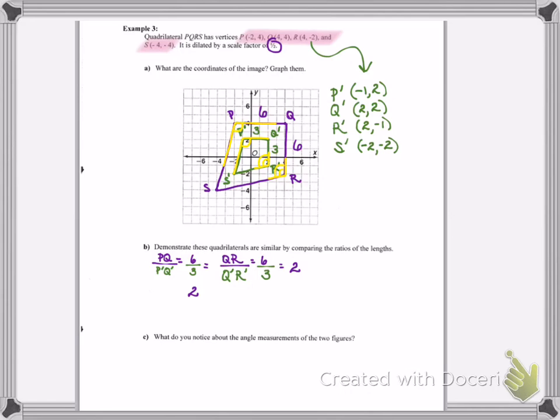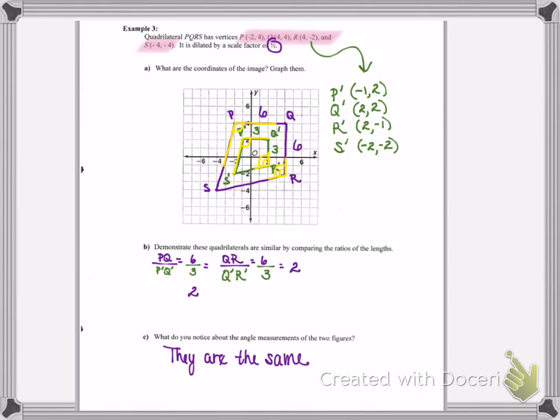And that is because they are. Despite the fact that the side measurements changed, the angles maintain their degree. So what do we know about the angle measurements of the two figures? They are the same.